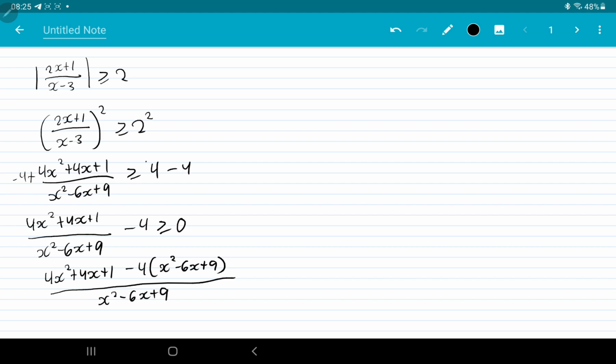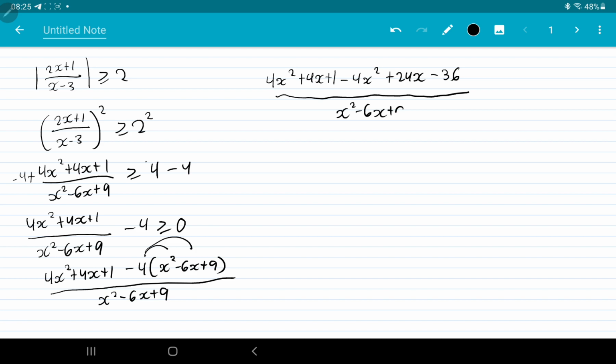Now we can expand the brackets. Therefore we get 4x squared plus 4x plus 1 minus 4x squared plus 24x minus 36, divided by x squared minus 6x plus 9. Forgot to put in the inequality, I'm sorry. It's bigger than 0.